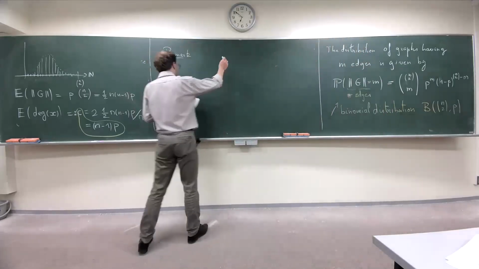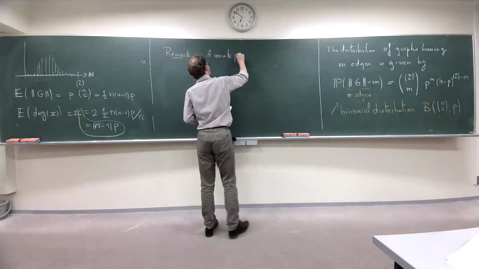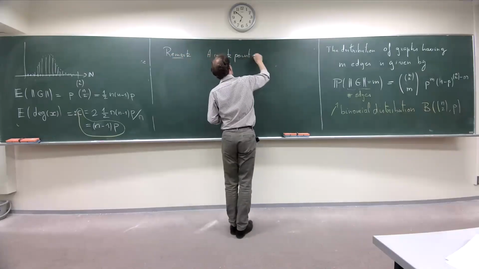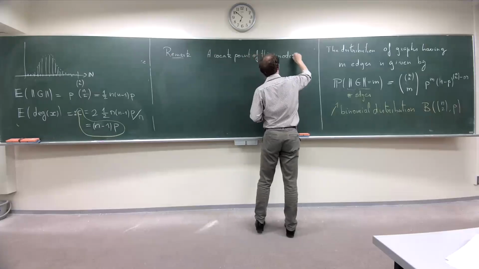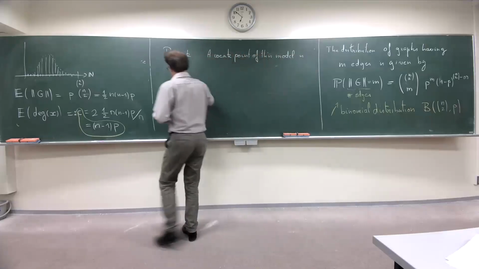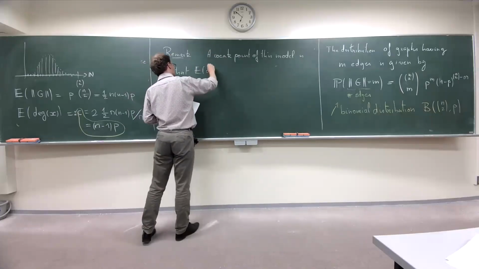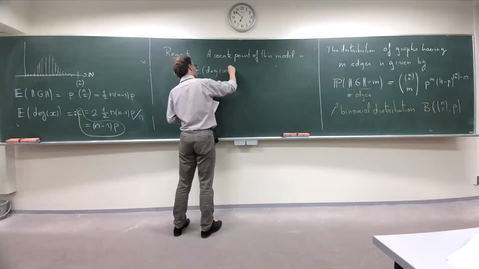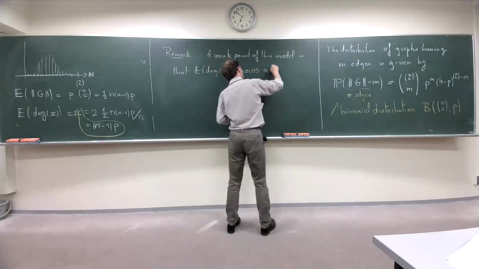So, remark: a weak point of this model is precisely that this expectation of the degree grows with n.